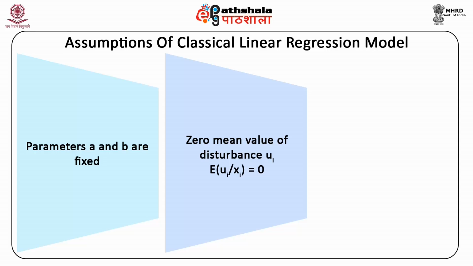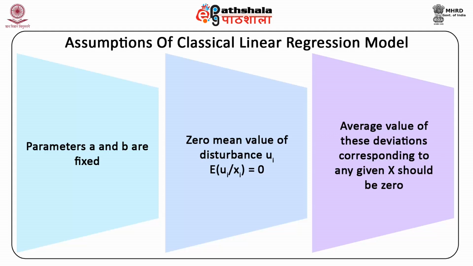It means that the distances above and below the mean values, which are the deviations ui, the assumption requires that the average or the mean value of these deviations corresponding to any given x should be 0.